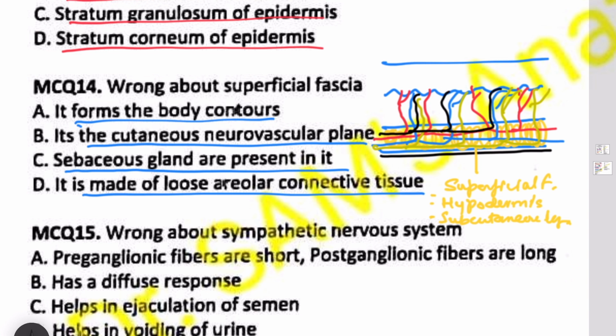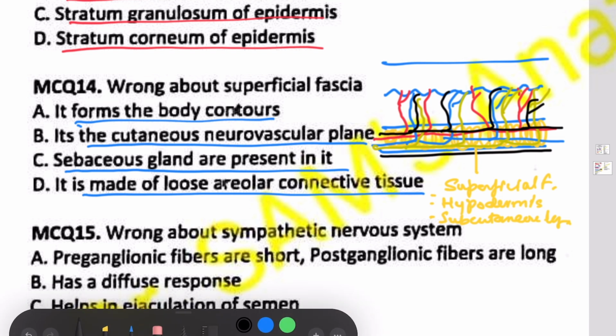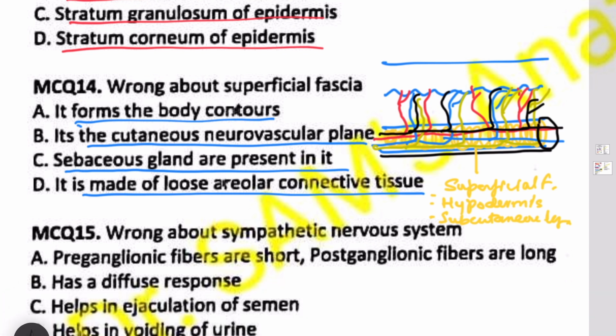They also reach into the dermis from this layer. Another important thing about this layer is that it is the neurovascular plane of the skin below the subcutaneous layer. So it forms the cutaneous neurovascular plane.